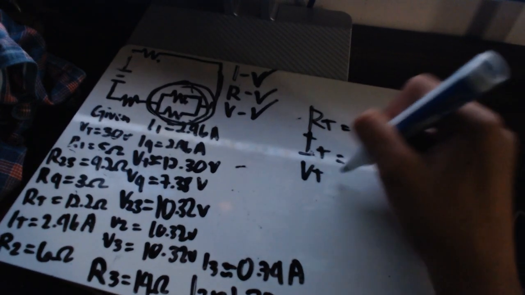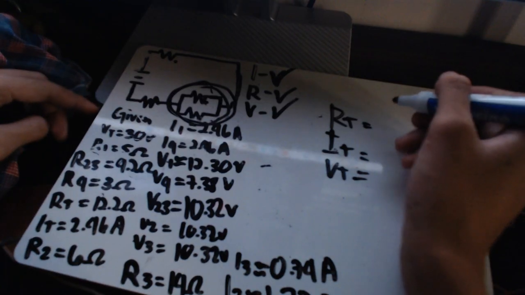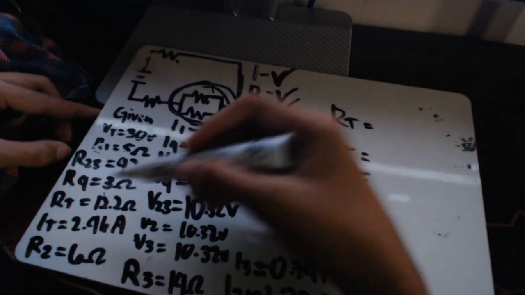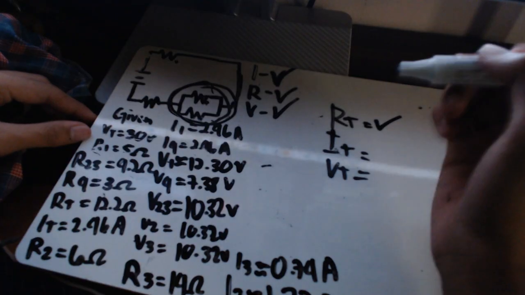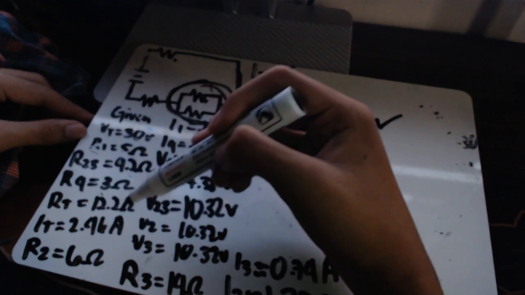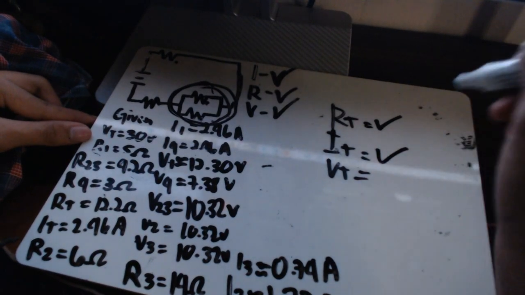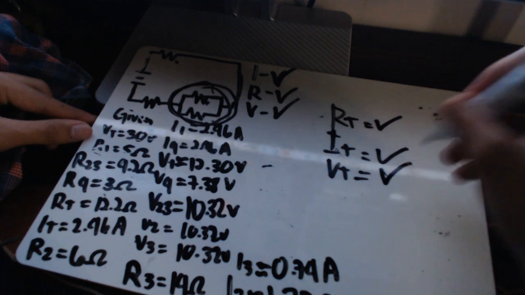Let's fact check our answers. Let's check if they are here. The R total, let's find it. It's over here, so we definitely found it. The I total, which is here, 2.46 amperes, we definitely found it. And the voltage total, which is 30 V, found it.